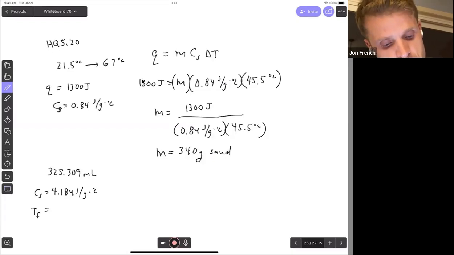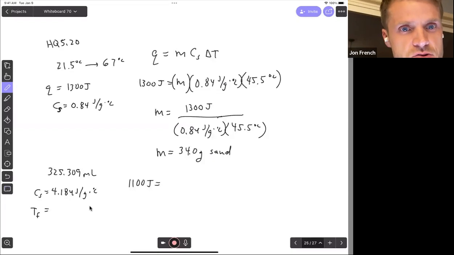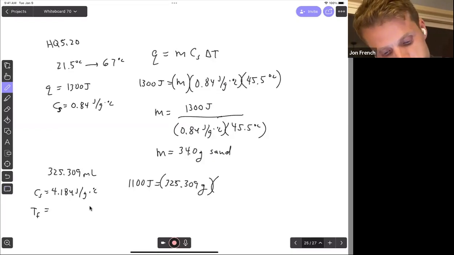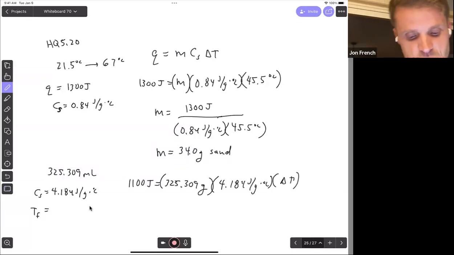All right, so question 21, I've got 1100 joules, right? I add 1100 joules of heat. The mass of water is 325 grams. The specific heat, 4.184 joules per gram degree Celsius. Delta T is what we're looking for.